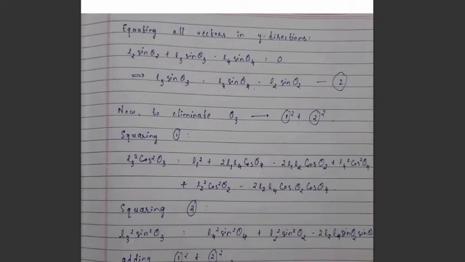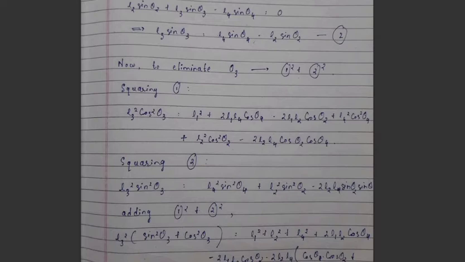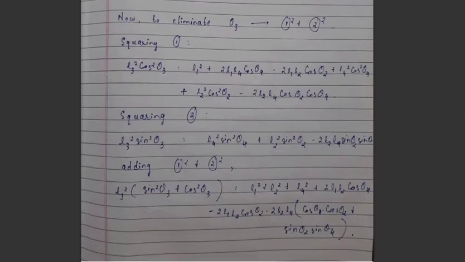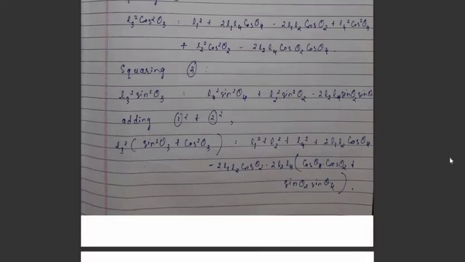We don't want theta 3 in any of our relations, so we have to eliminate that. For eliminating theta 3, we'll be squaring both these equations and adding. From that, we'll be getting an equation in terms of theta 2, theta 3, theta 4, L1, L2, L3, L4.